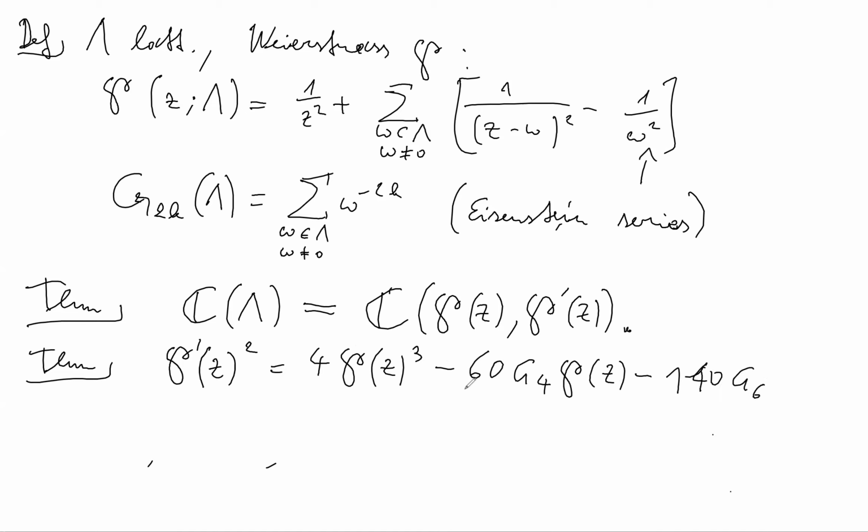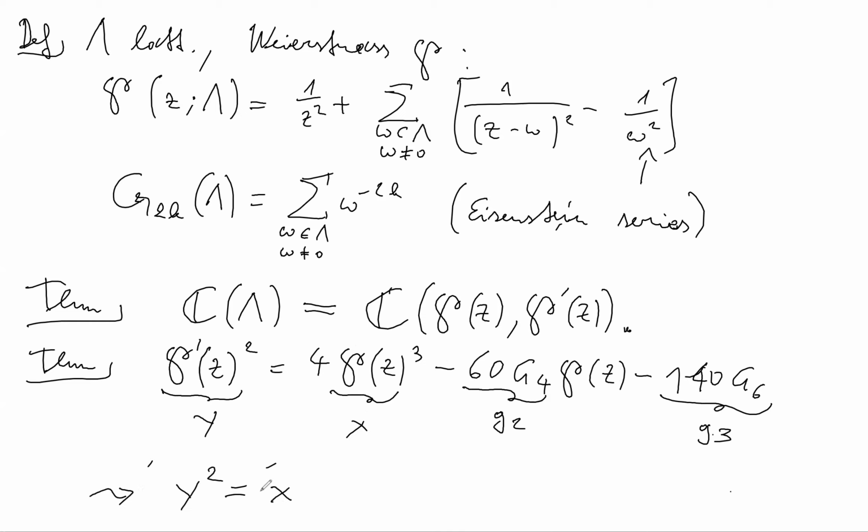Sometimes you redefine these constants: the first one we usually call g2, and the second one g3. Now let me call this thing y, and this one x. So what do we find? We find y squared equals 4x cubed minus g2 x minus g3. Aha, this is an elliptic curve.